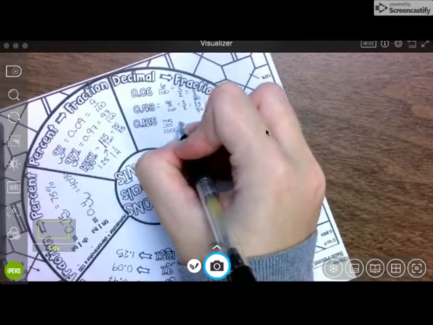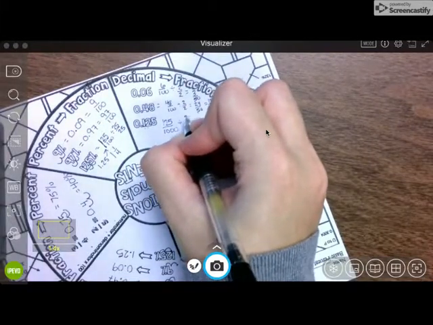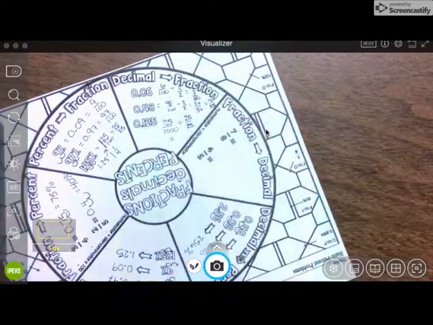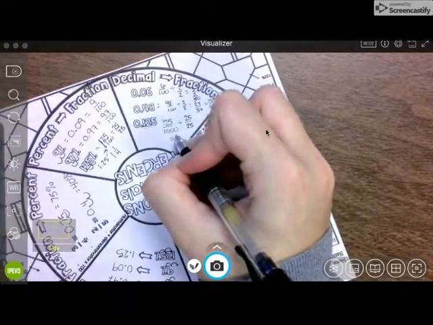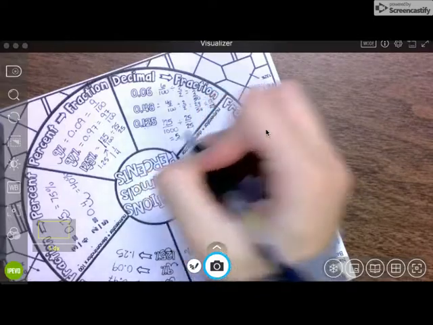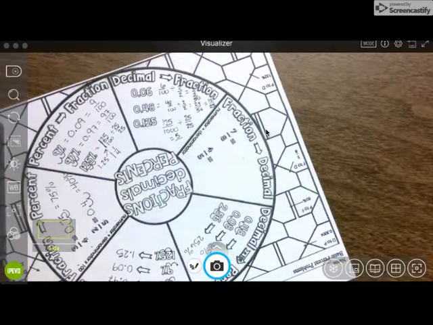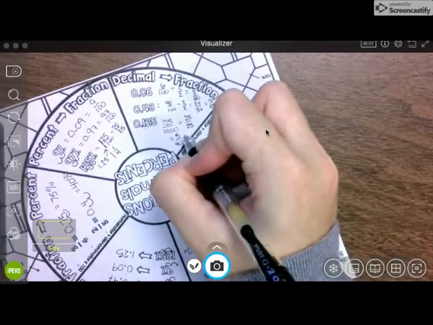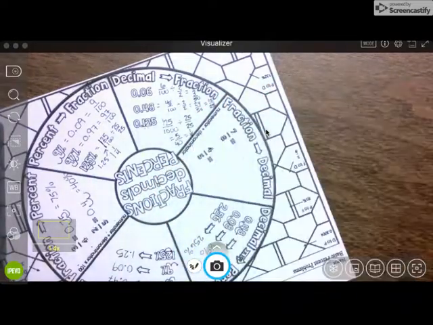So we're going to divide both of these by 25. And that's going to give us 5 over 40. I think we've already done this problem before, which gives us 1/8.